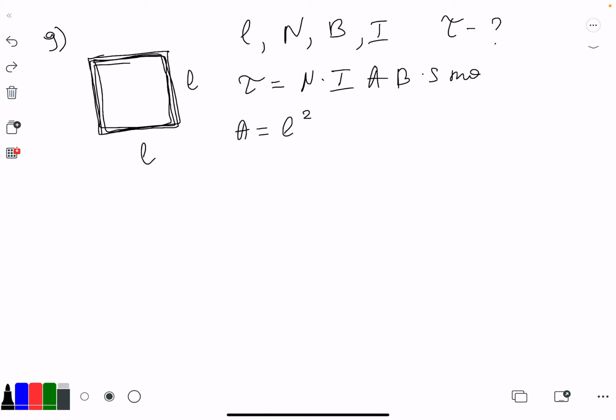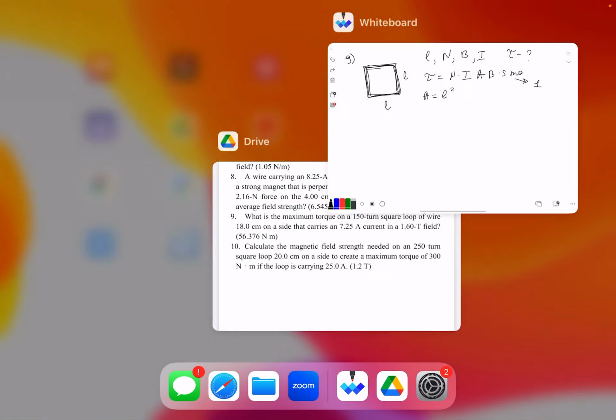When you calculate it, sine theta in this particular case will be equal to 1, and that should give you the answer.